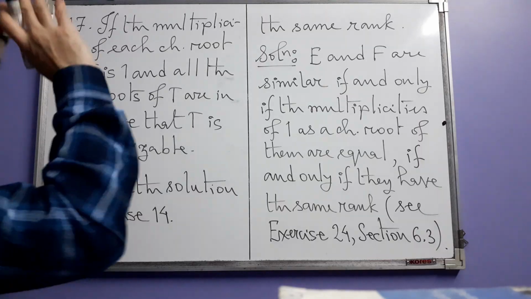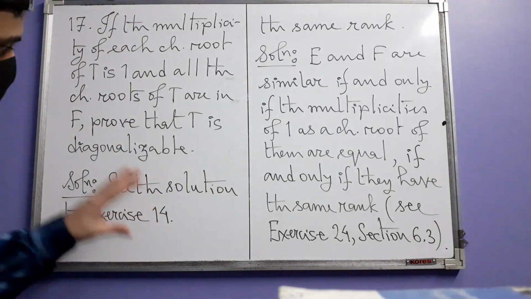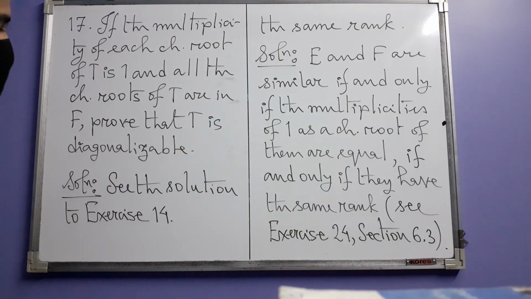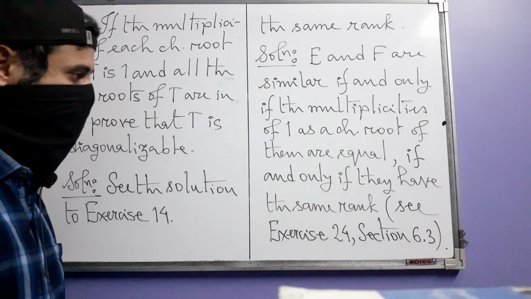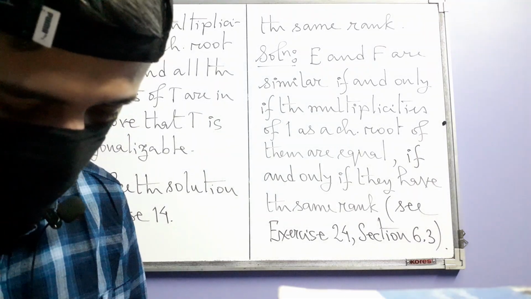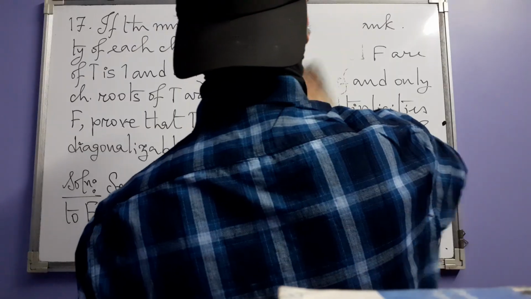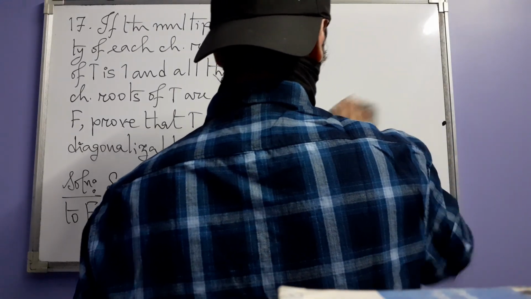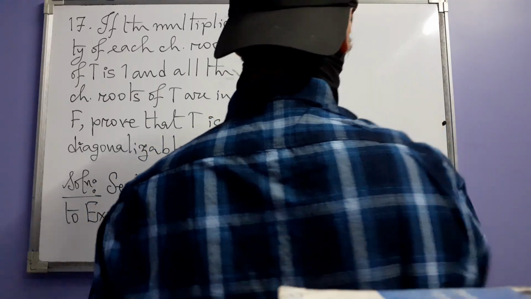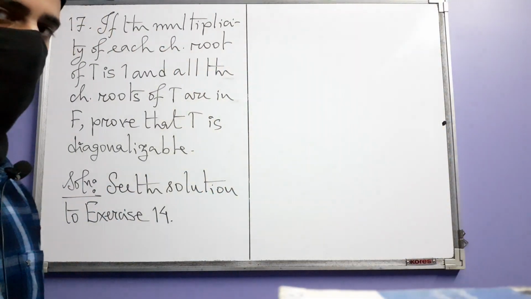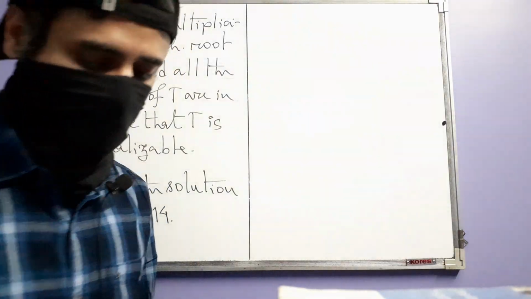That solution which we did in the previous video. The last part of that solution itself has the answer to this. So from that solution itself, it automatically follows. And finally, let's see the next one also. Actually, there are two more, besides the next one, but we will do those things in the next video.